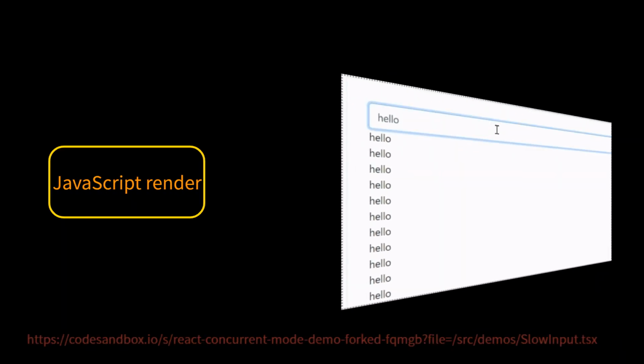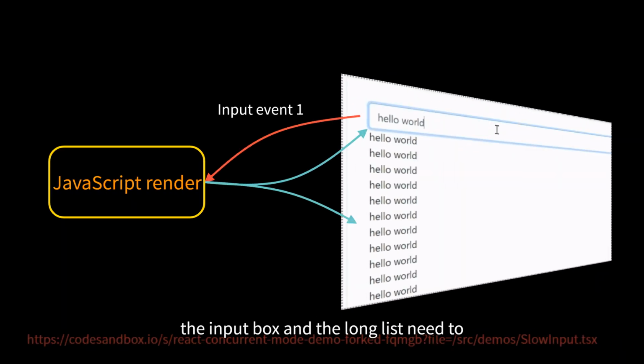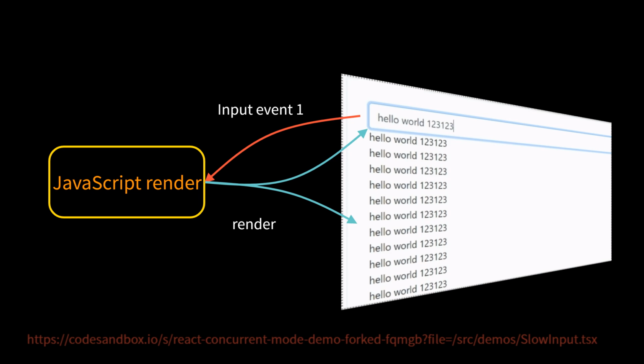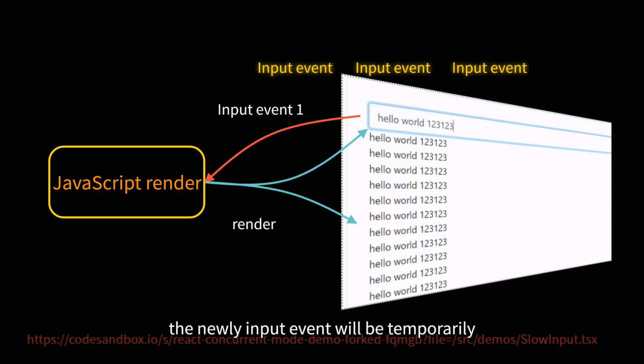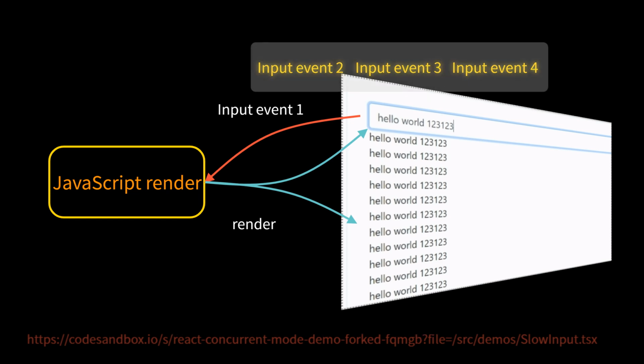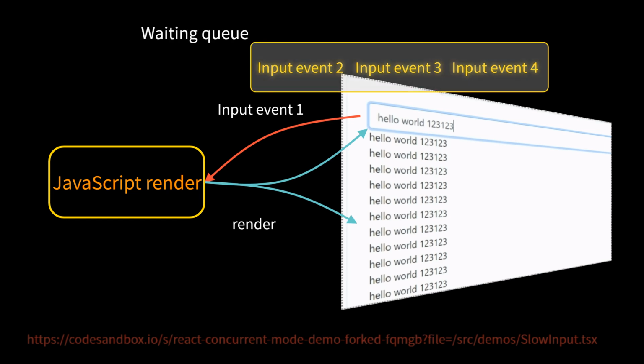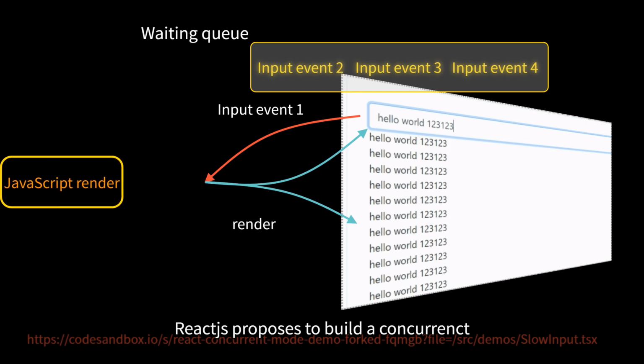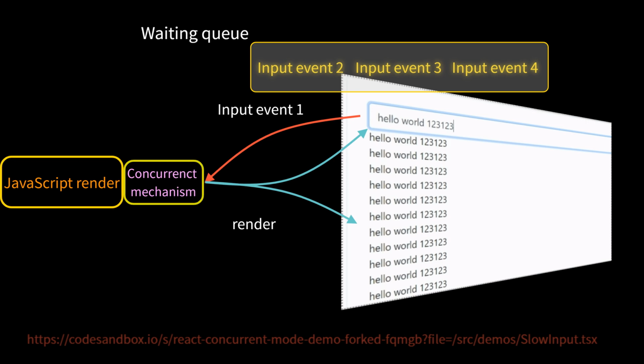Therefore, after each input, the input box and the long list need to be rendered before the new input data will be processed. Before the rendering is completed, the newly input event will be temporarily saved and wait, which greatly affects the user experience. Therefore, React.js proposes to build a concurrent mechanism at the JS level.